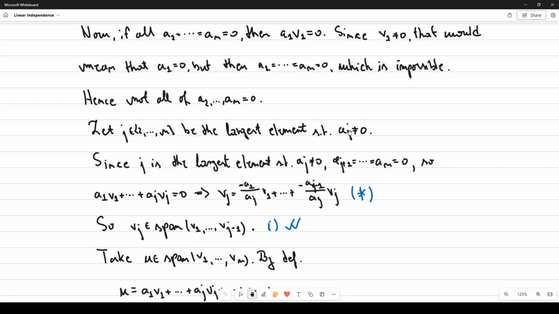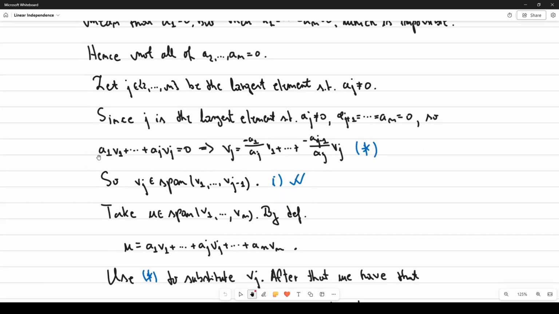So the ajth is the scalar which is different from 0, and all the other scalars that come after it are equal to 0, since it is the largest element such that the scalar is different from 0. So aj plus 1, aj plus 2, all the way to an are 0.